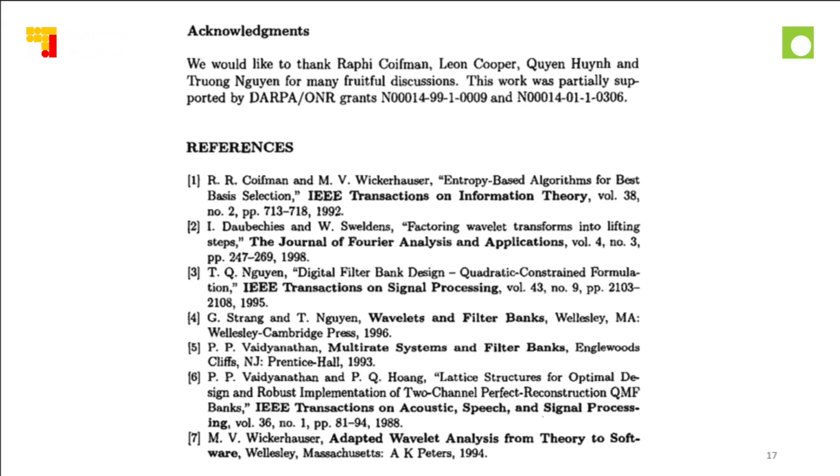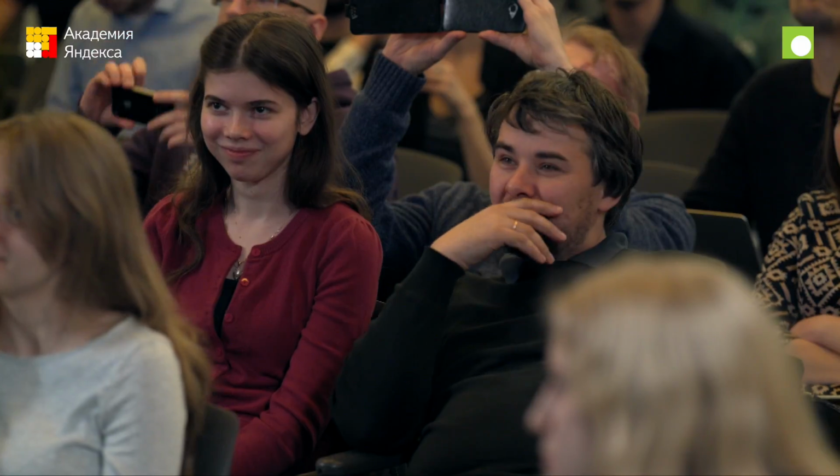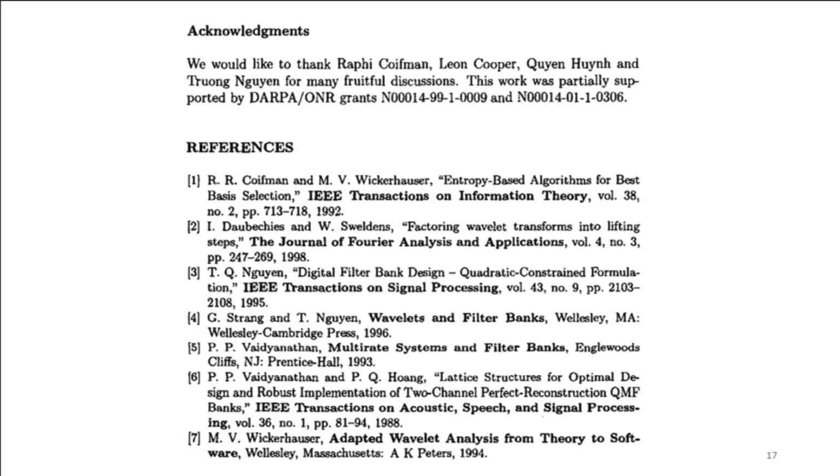That's another paper of Nguyen, but the book is here, Gilbert and Strang, and Daubechies that I mentioned before. And we worked on it with Rafi Kaufman and with Trung Nguyen, so they kind of were very instrumental in helping us produce this kind of optimization. So that was certainly nice.